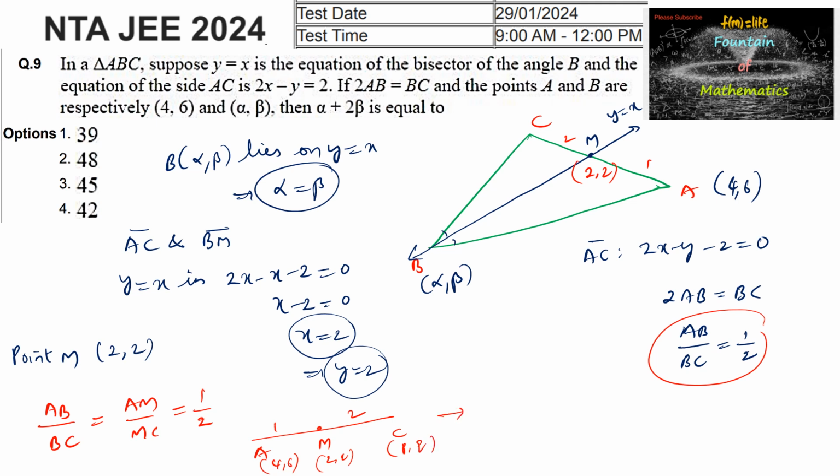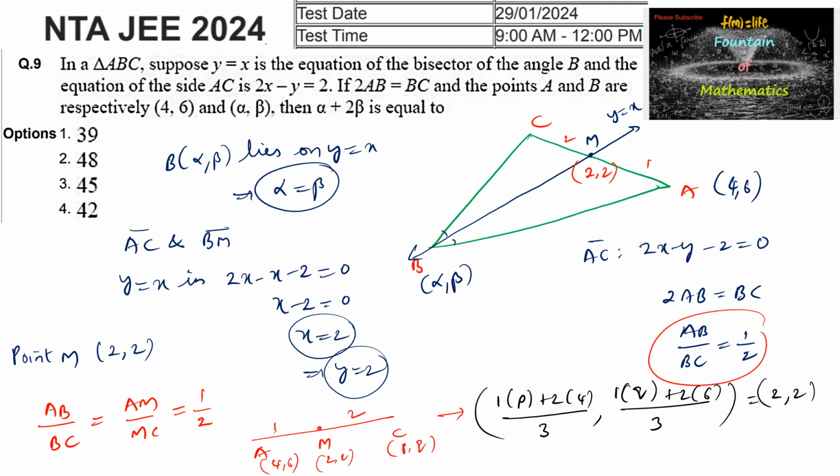So we can use the section formula: 1 times P plus 2 times 4 upon 1 plus 2, that is 3, and again 1 times Q plus 2 times 6 upon 1 plus 2, that is 3, which is equal to (2, 2).